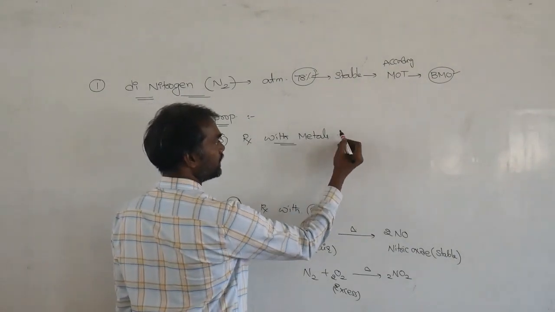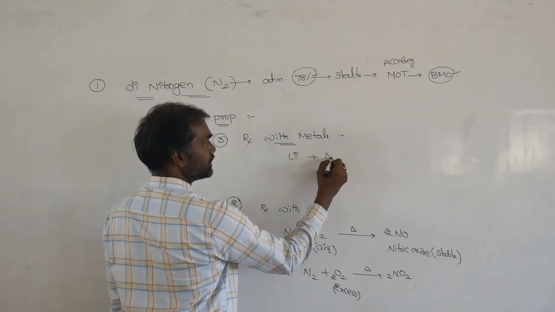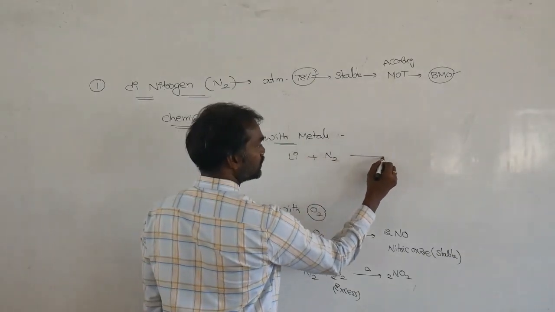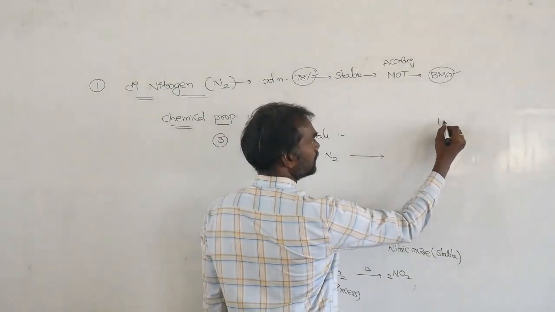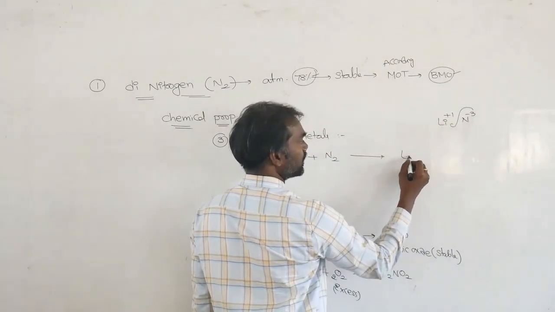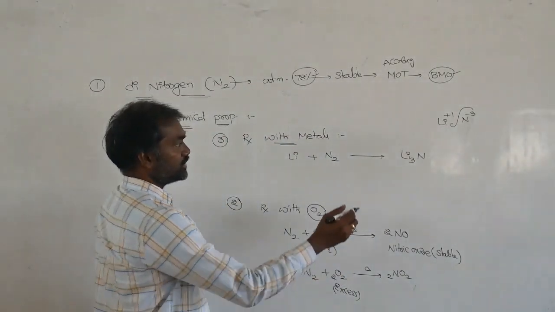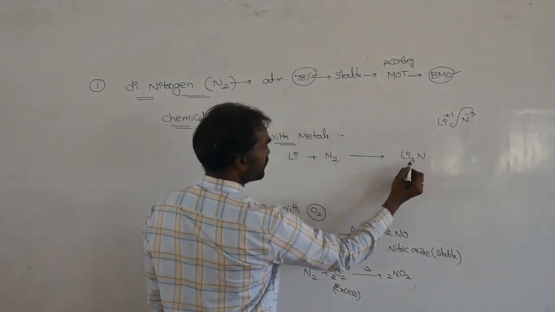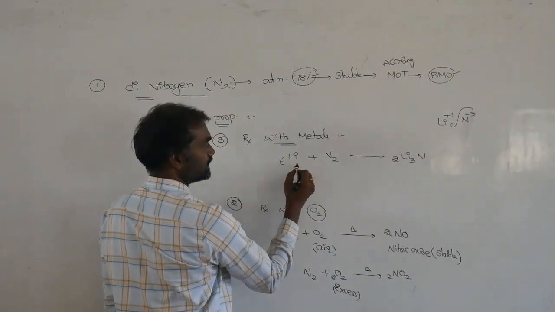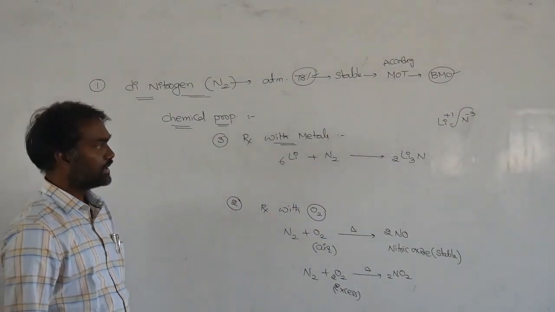So suppose lithium reacts with nitrogen. What is the formula? Lithium is +1, nitrogen is -3, so your formula is Li3N, lithium nitride. So 3 lithiums are there, and here 2 means 6 lithiums with nitrogen, you are getting lithium nitride.